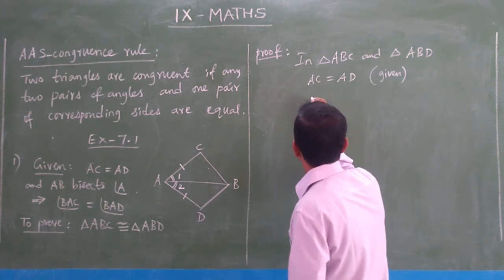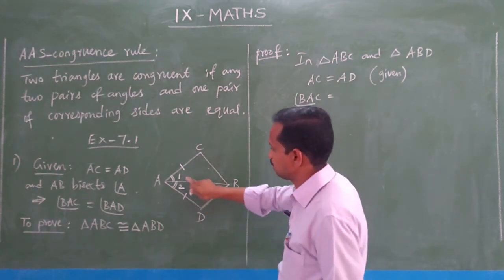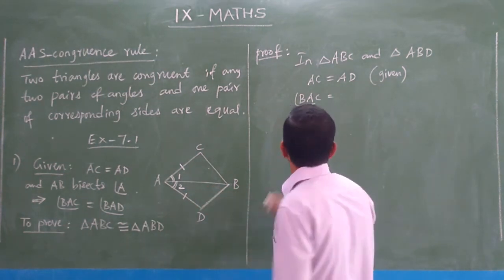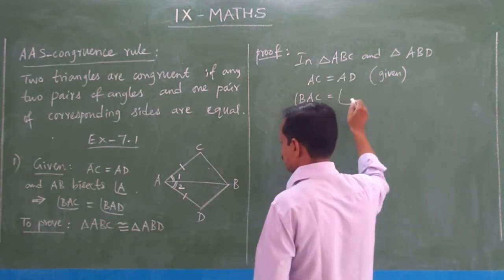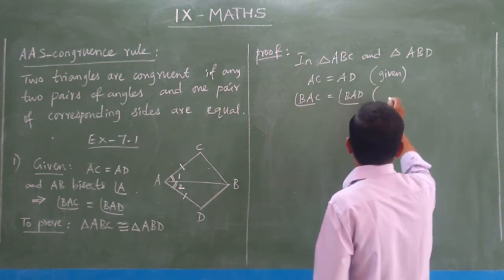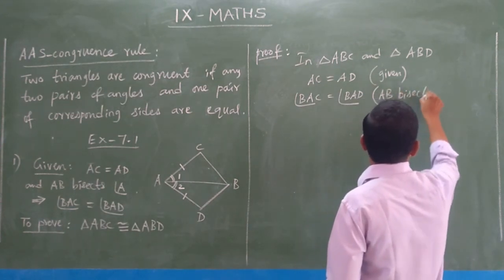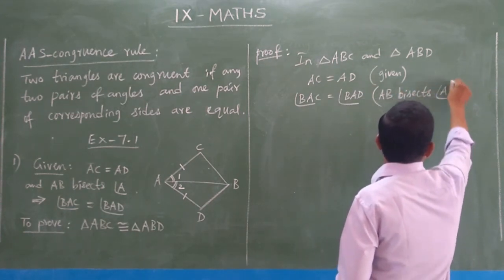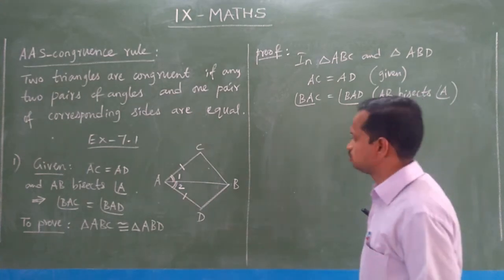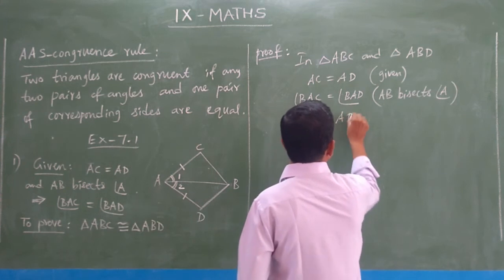Angle 1 means what? BAC. We have to write like this, but for understanding, you can write the names there. Okay, BAC is equal to angle BAD. The reason: AB bisects angle A. That is the reason why they are equal. And you see, AB is equal to AB.